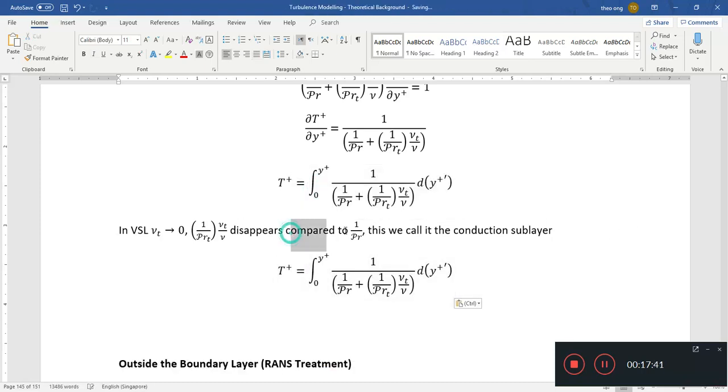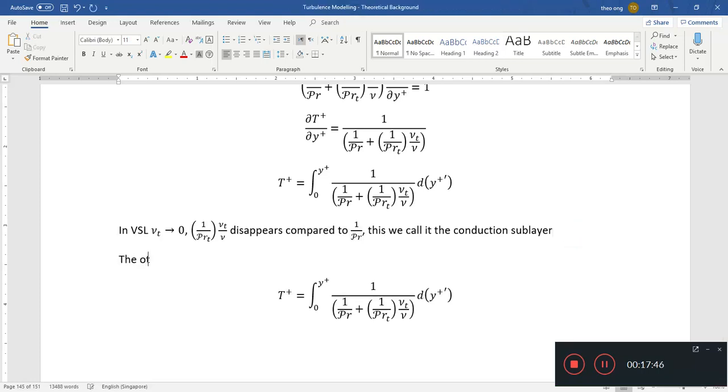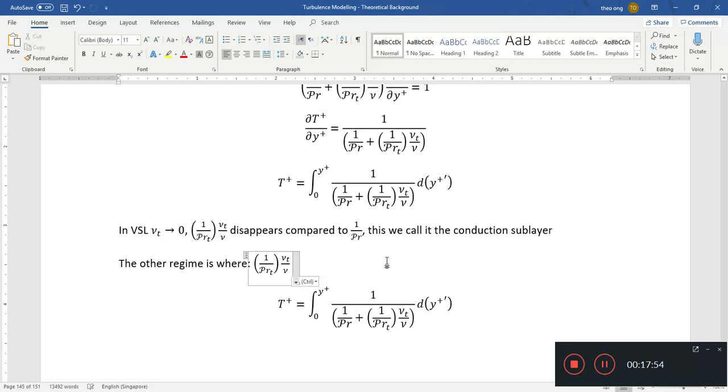So we have two regimes. One is this conduction sublayer, and the other regime is where this term becomes very big, much bigger than 1 over the Prandtl number.